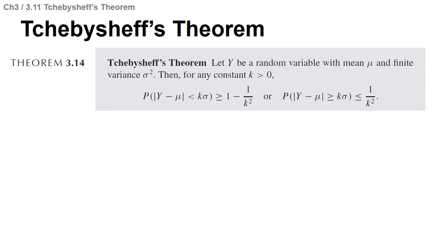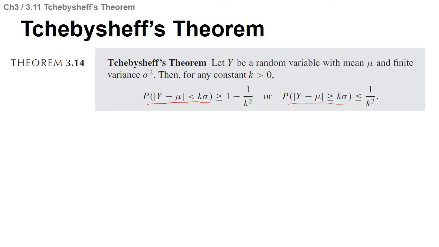Then for any constant k greater than 0, either of these two holds: the probability that the absolute value of y minus mu is less than k sigma is greater than or equal to 1 minus 1 over k squared, or the probability that the absolute value of y minus mu is greater than or equal to k sigma is less than or equal to 1 over k squared.